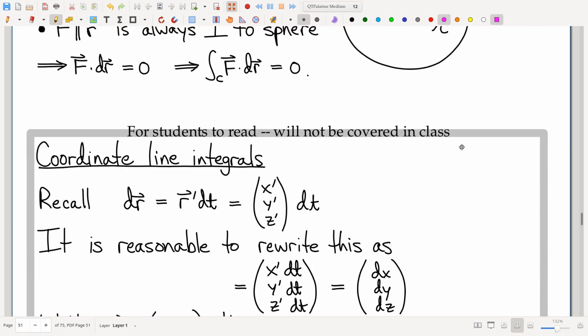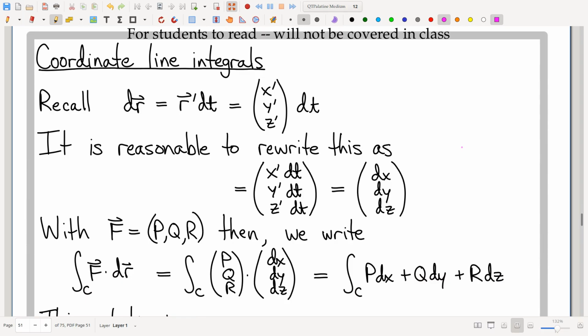All right. This next thing is largely a matter of notation. The notation is really not that big a deal, but r prime, of course, you can write out in coordinates. You can distribute the dt. Pretty reasonable that x prime dt we might ought to call dx. Seems like a reasonable choice.